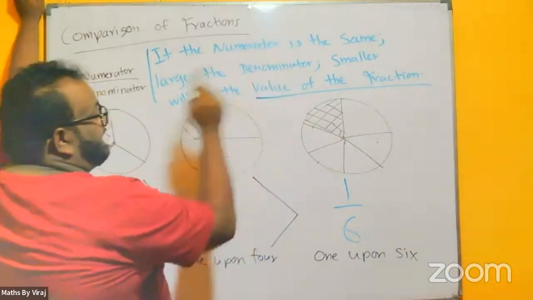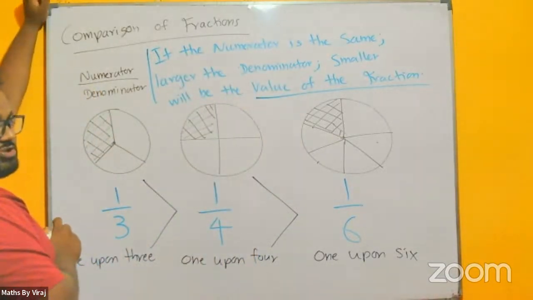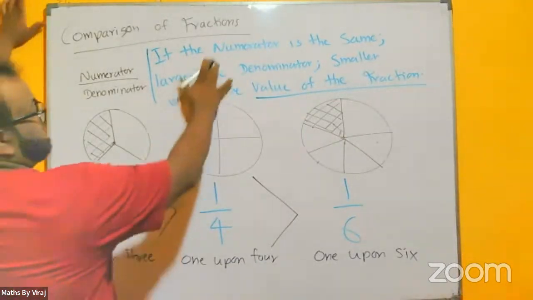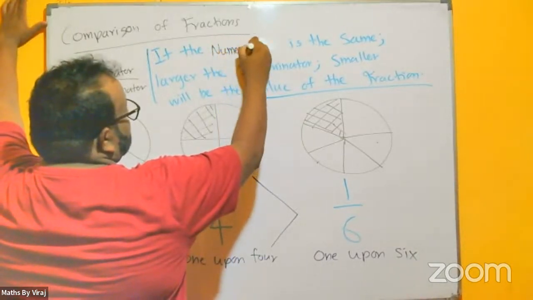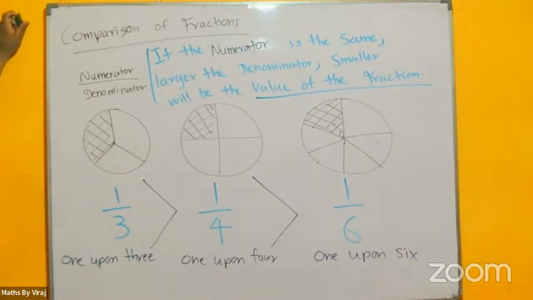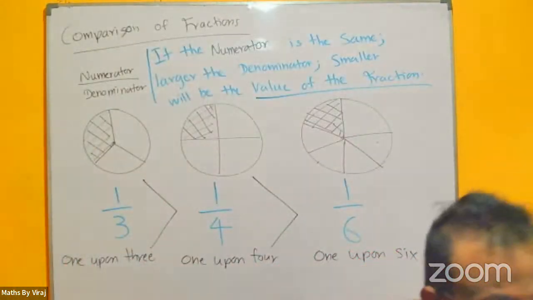If the numerator is the same, larger the denominator, smaller will be the value of the fraction. Did I make myself clear? Yes or no? Yes, sir. Right, good children, take this down today, all of you.